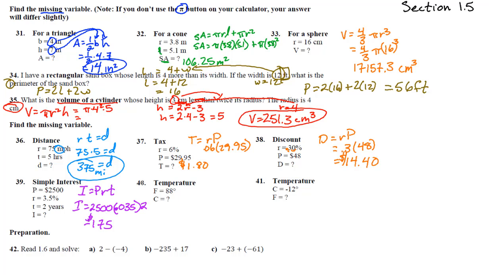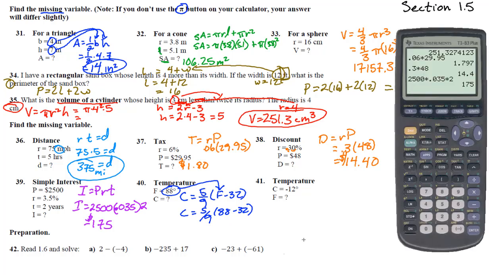Okay, the temperature. We're trying to find C, so it's C equals 5/9 F minus 32. That's something you'd have to look up. Take the F as 88, put it right in there. We get C equals 5/9 88 minus 32.